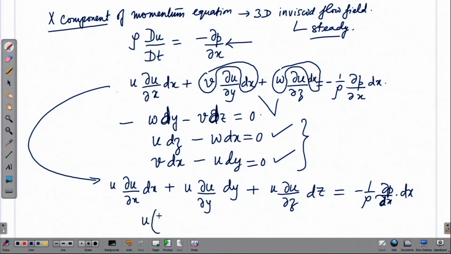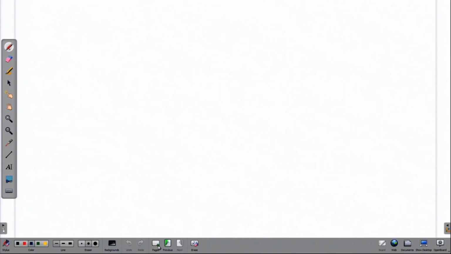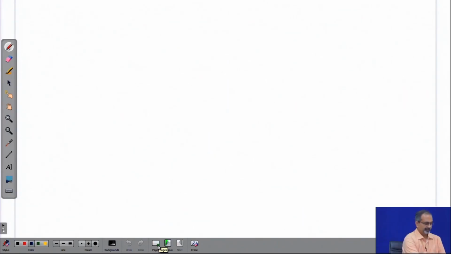U can be taken out as a common factor. Let us see what is the next step.